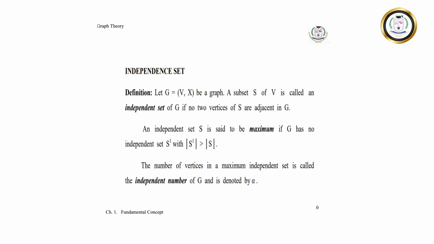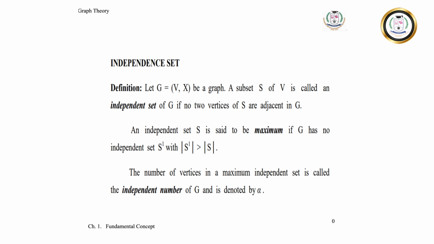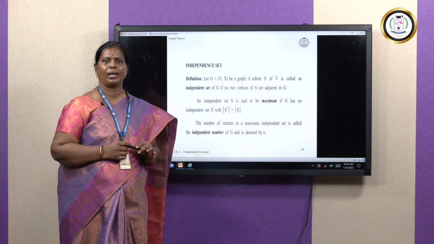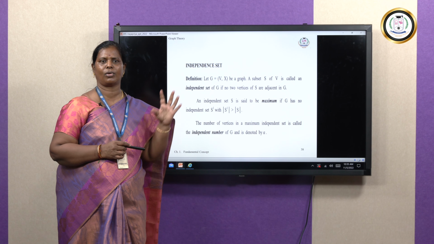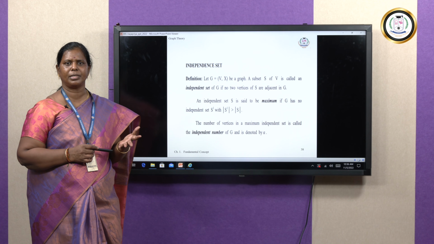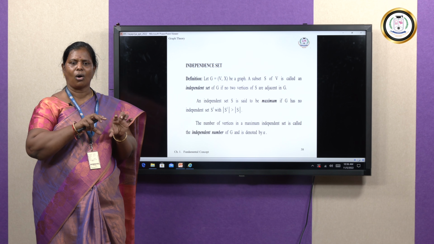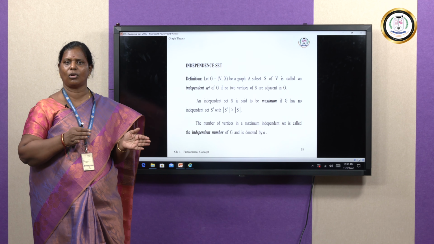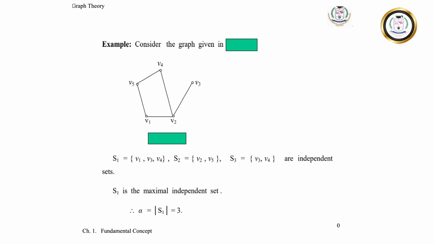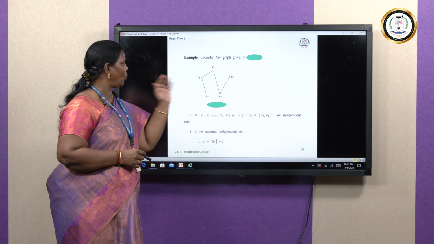The number of vertices in a maximum independent set is denoted by alpha. So, this alpha is a notation that gives the size of the maximum independent set for a given graph. Independent set means you take a subset of the vertices such that no two vertices in that subset are adjacent. Here is an example of an independent set, given a graph with 5 vertices.